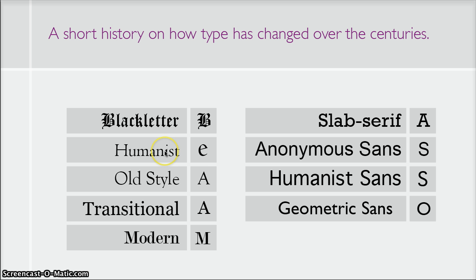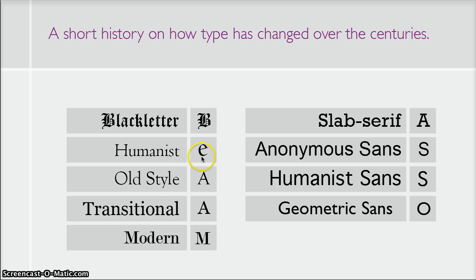Now later on, there was a time where we wanted type to be more readable, and that changed over to the humanist type. It turned into a more Roman look, and the serifs, if you notice, look more hand-drawn.